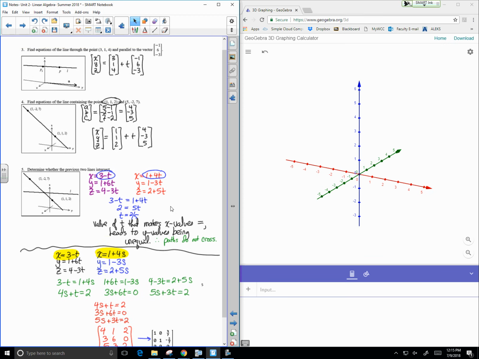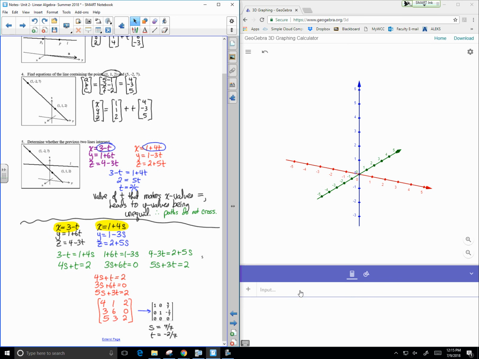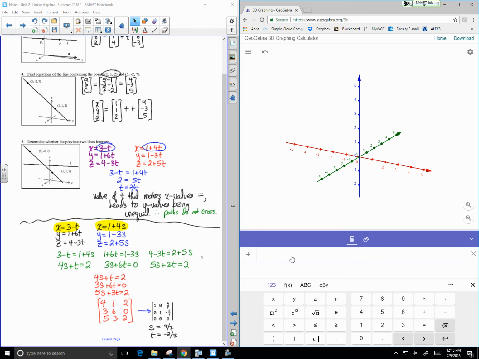All right. So should I do it by points? No, I'll just put in the equations. Curve, 3 minus t, 1 plus 6t, 4 minus 3t, comma t, comma -10 to 10.